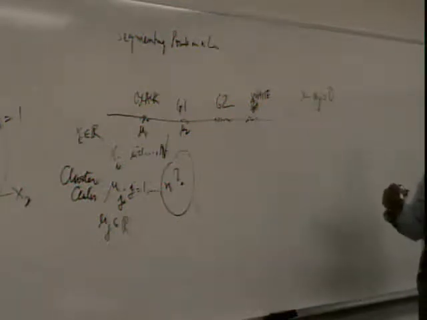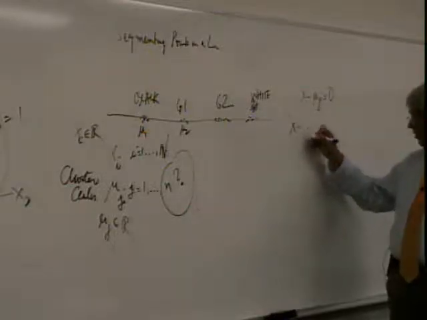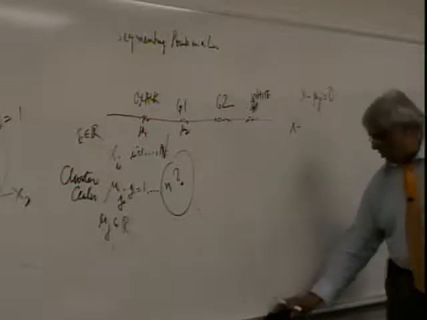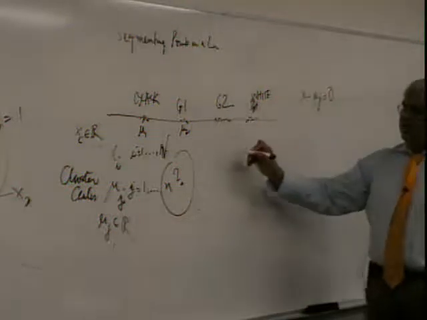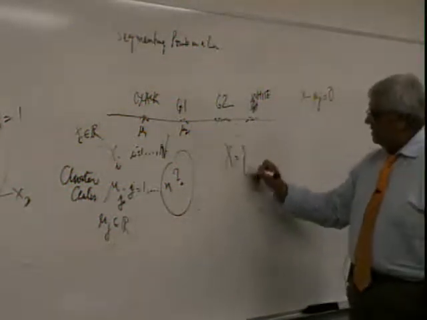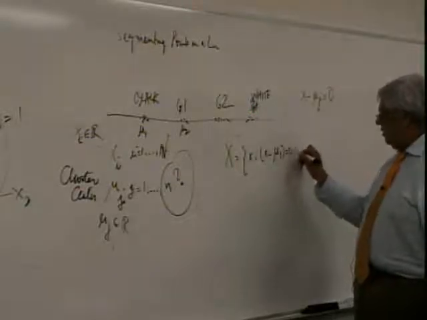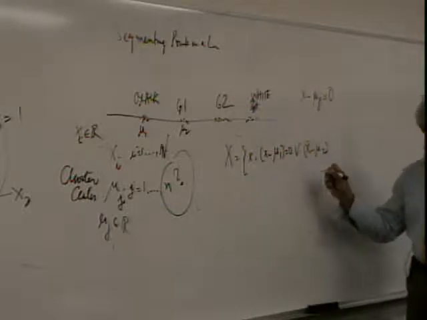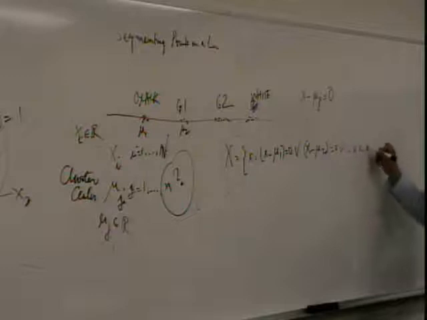Depending on the number of clusters, if you know that x belongs to this, or the logical or, the data set X consists of the set of all x's where x minus mu1 equals 0, or x minus mu2 equals 0, or, and so on, x minus mu n equals 0.